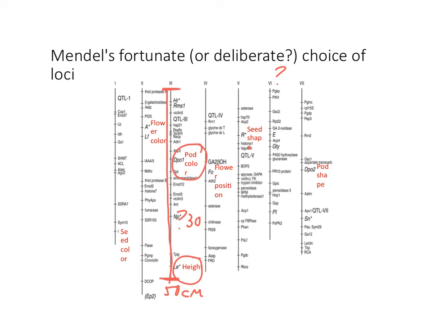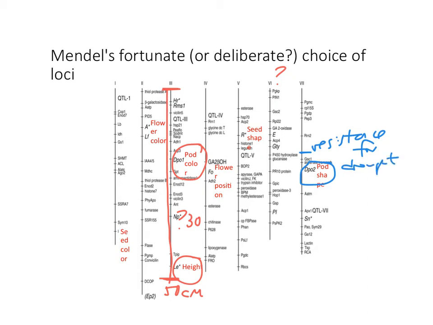He started seeing this 9 to 3 to 3 to 1 ratio. And so every time he crossed 2 traits, he thought, I should see a 9 to 3 to 3 to 1 ratio. And when he saw something that wasn't that, like let's say pod shape is controlled by a gene here on chromosome 7. Let's say there was a trait here that's resistance to drought.